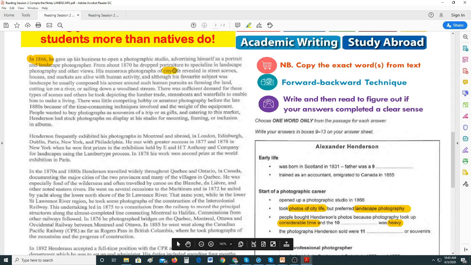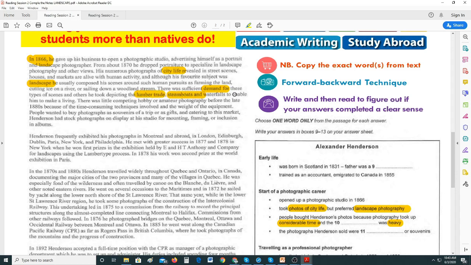So city life is found here. Let's see about time, people bought photographs, because here landscape photography, considerable time and heavy. So landscape photography, yes, it got landscape here, and then next time there was sufficient demand. Yes, demand. When you say demand, it means that people bought a lot of photos. These types of scenes and others he took depicting the lumber trade.